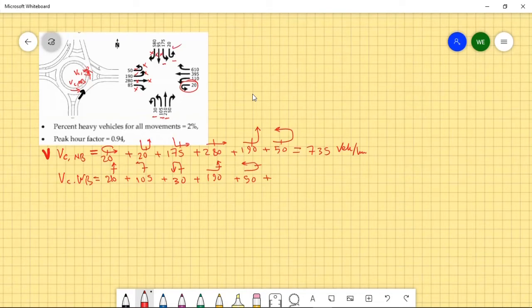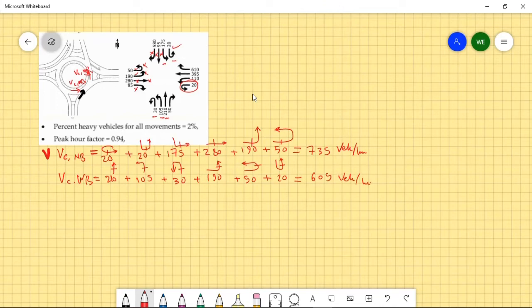Plus 20, okay? What's the summation? 605. 605, and this is vehicle per hour.